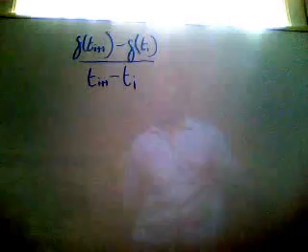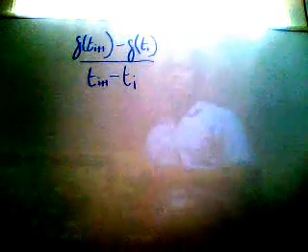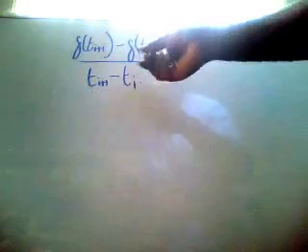Now that's very obvious. You might want to pause the video and think about that a bit if it's a bit too much. But that's basically how to find that slope that we saw.